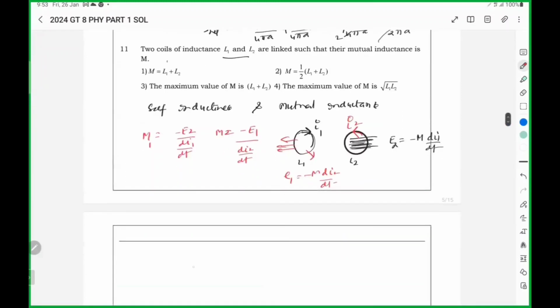Once current within the coil keeps on changing, flux keeps on changing. So the EMF induced in the coil which opposes that, E1, will be minus L1 di1 by dt. Similarly, when I1, I2 current flows through it, EMF induced in the same coil is L2 di2 by dt.